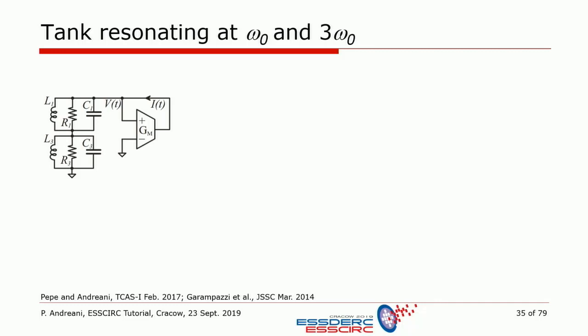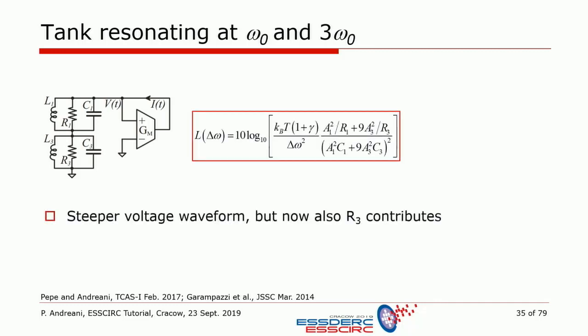Does it make for a lower phase noise? You see the equation here. And you can compare to what happens if you have only one resonance. Basically that means that the oscillation amplitude A3 at 3 omega 0 would be 0.